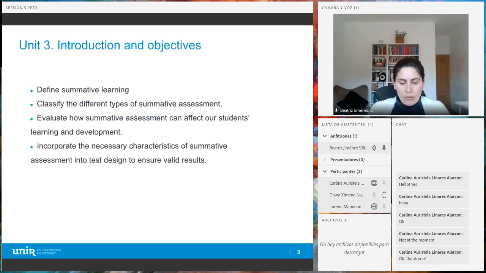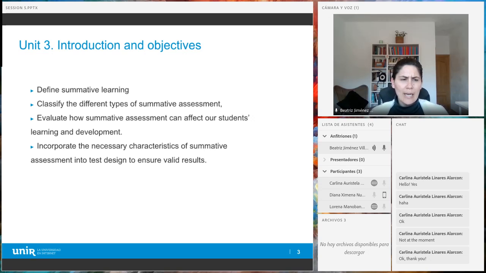So the goals of this unit, okay, throughout all these units, the idea is that we are able to define what summative learning is, or summative assessment. Sorry, it's a typo there. I will fix it before uploading the PowerPoint. So summative assessment, to classify the different types that exist of summative assessment. Then we should be able to evaluate how summative assessment can affect the development of our students when they are learning, okay?